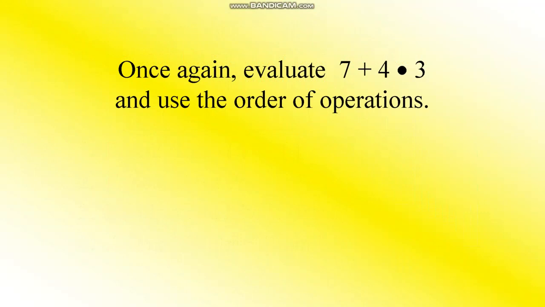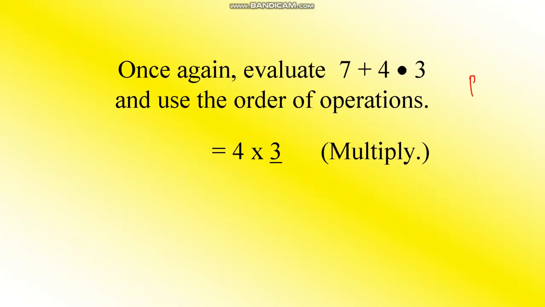Once again, evaluate 7 plus 4 multiplied by 3 and use the order of operations, which is the PEMDAS rule. So the first one, of course, we're going to multiply, because if we're going to follow the PEMDAS rule, there is no parenthesis from the given. There is no exponent from the given.